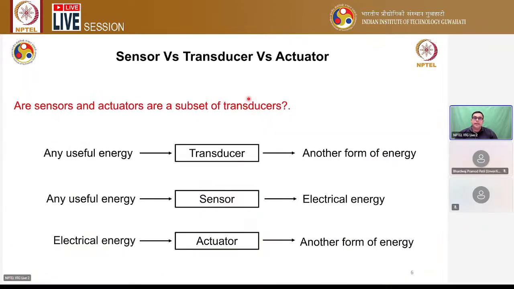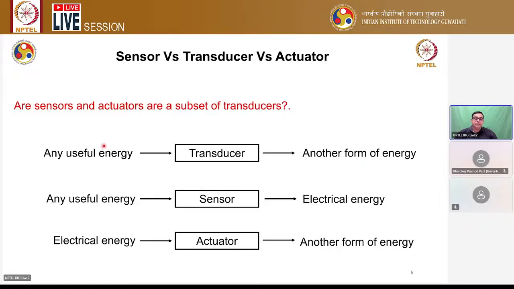Okay, so let's take the second question, which was, are sensors and actuators a subset of transducers? To understand this question, we have to go back to our slide where we talked about the transducer, sensor, and actuator. If you remember, we defined a transducer as a device which converts any useful energy to another form of energy.